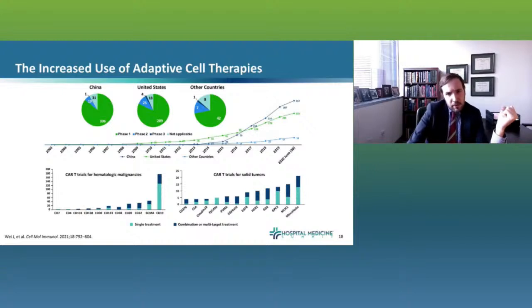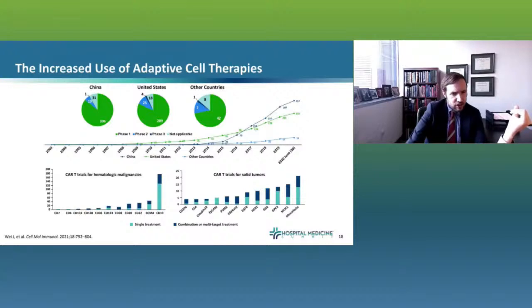And then down at the bottom, we're looking at our CAR T trials for hematologic versus solid tumor. And the heme side of things has really had a head start on the solid tumor world as far as CAR T. We have multiple approvals in the hematology world for CAR T, as I mentioned earlier, lymphoma, ALL, and most recently multiple myeloma.